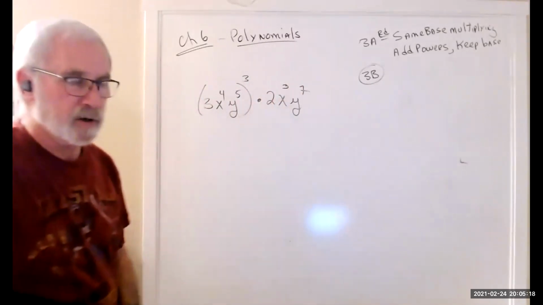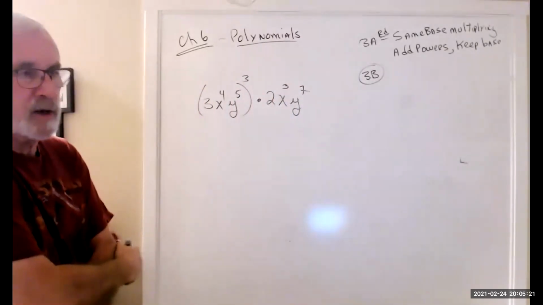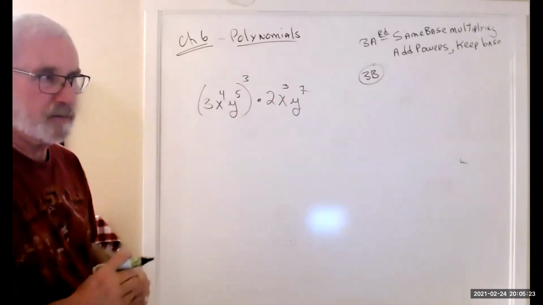Here you go, Richard, this is for you. I'm going to walk you through it just to make sure we're all doing this right. And then I'll put up a couple more problems for you to practice on.